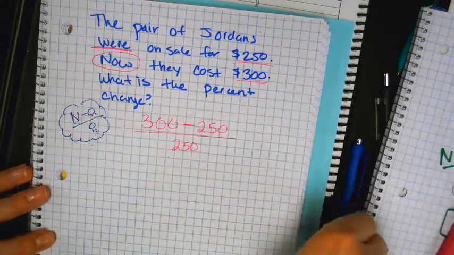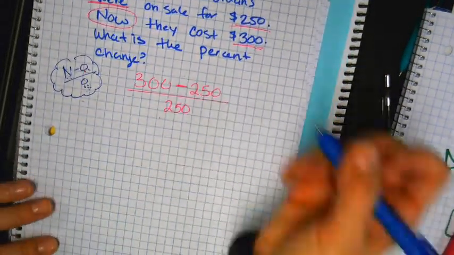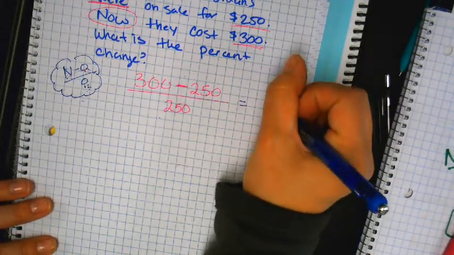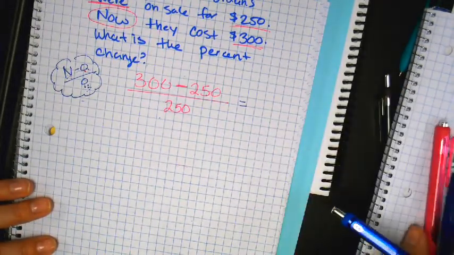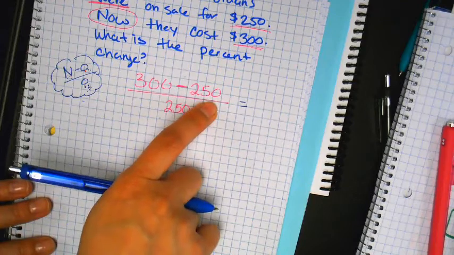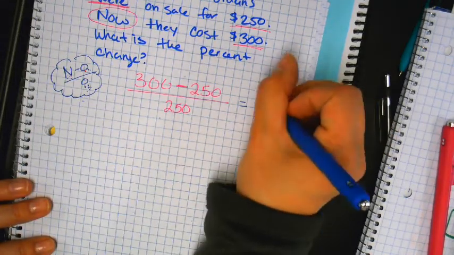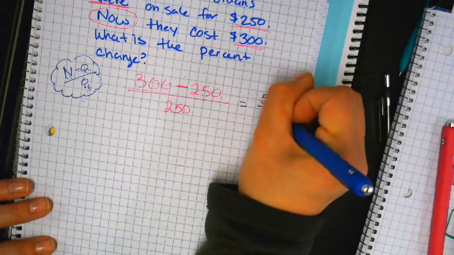What's 300 minus 250? Just 50. Over 250.